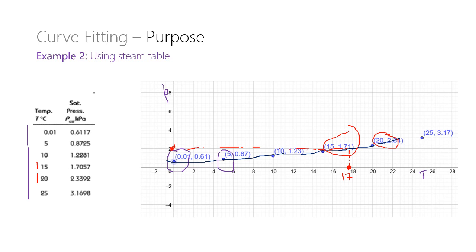For that we fitted a curve roughly by hand. It's not done by hand in real life; there are sophisticated techniques available. We used the curve to find the pressure at 17 degrees centigrade. Somewhere here, maybe 2 point something, I guess. Not 2 point, it should be 1 point, so it might be 1.8 roughly. So this is the purpose of curve fitting.